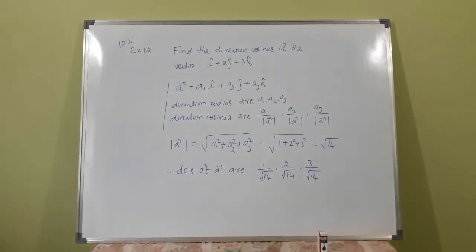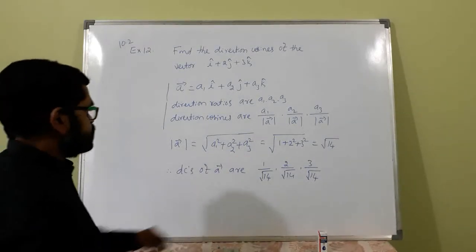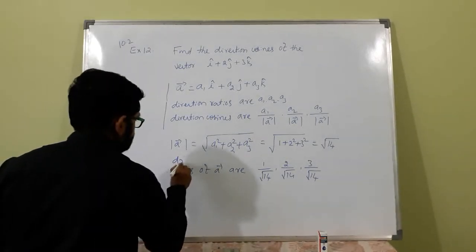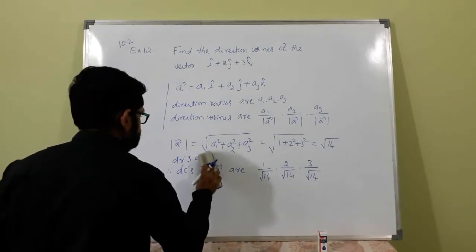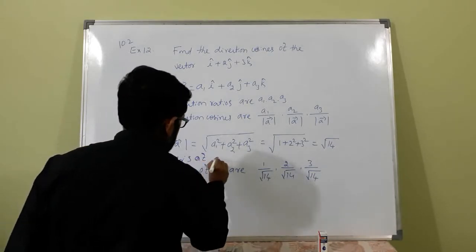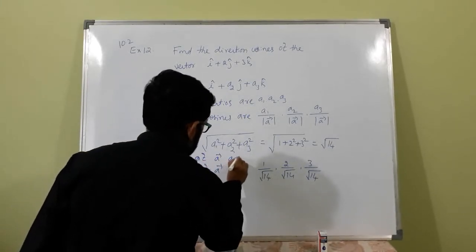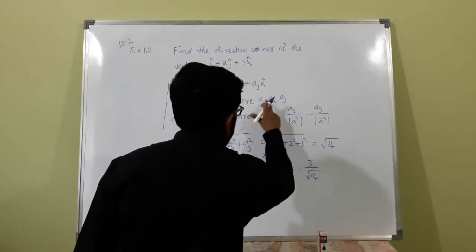See, if the direction ratios are asked, the direction ratios are 1, 2, 3. Okay, I will write that here. Direction ratios of A are 1, 2 and 3, that is A1, A2, A3.